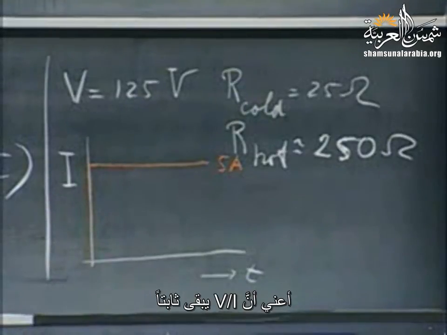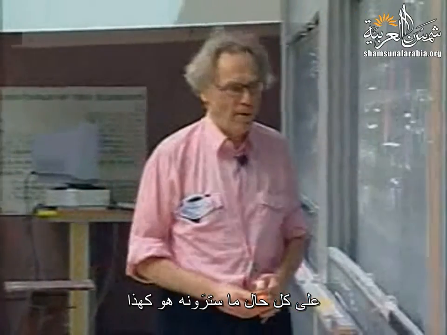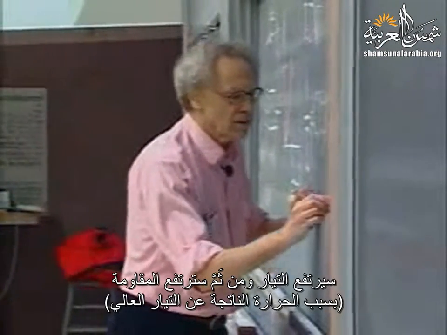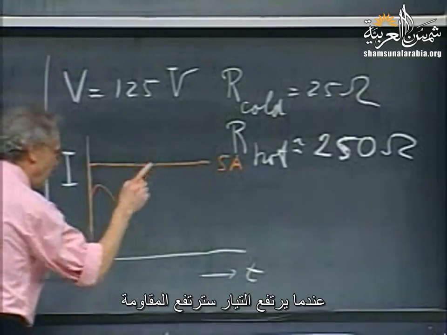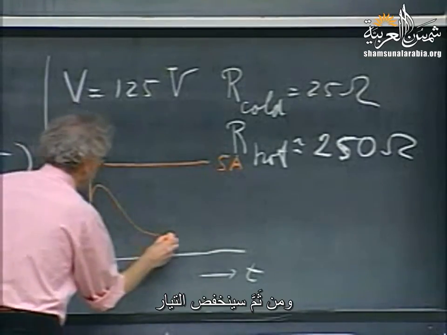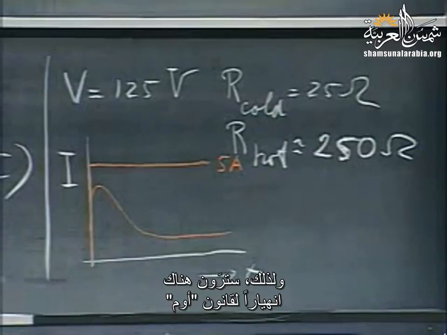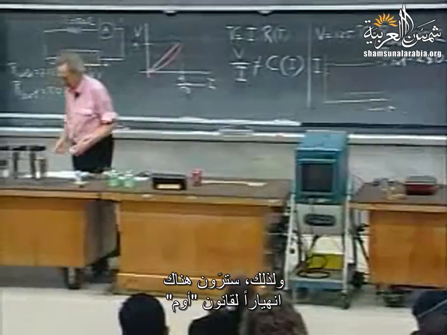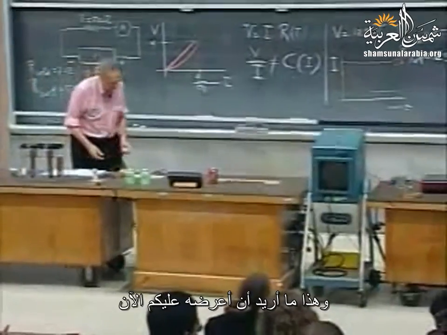Namely, that the voltage divided by the current remains a constant. However, what you're going to see is like this. Current goes up, but then the resistance goes up. When the current goes up, the resistance goes up. And then, therefore, the current will go down and will level off at a level which is substantially below this. So you're staring at the breakdown of Ohm's law. And so that's what I want to show you now.